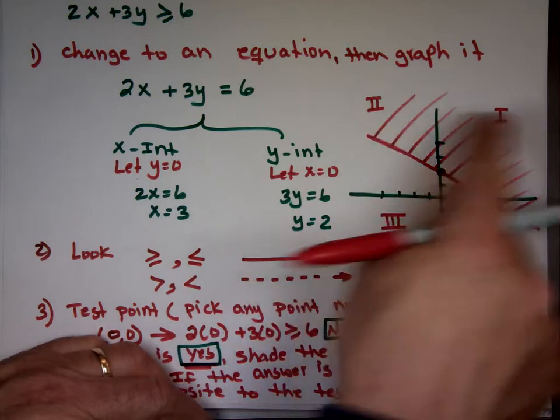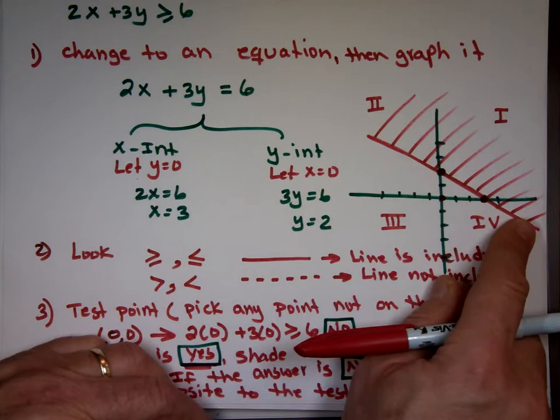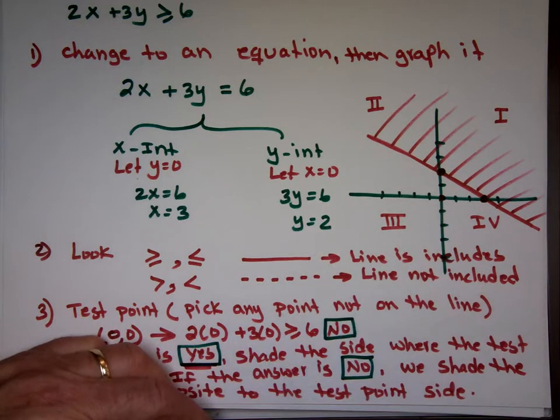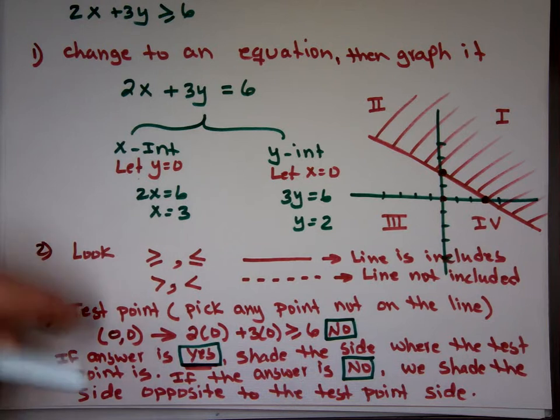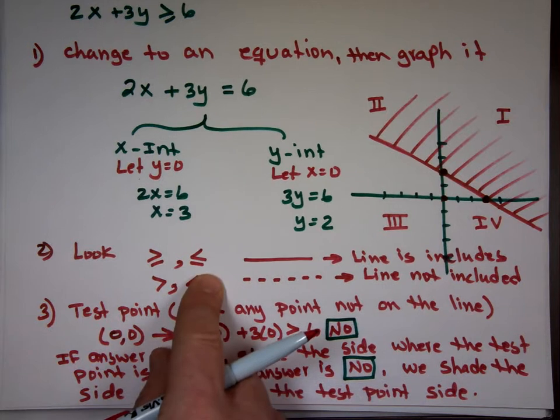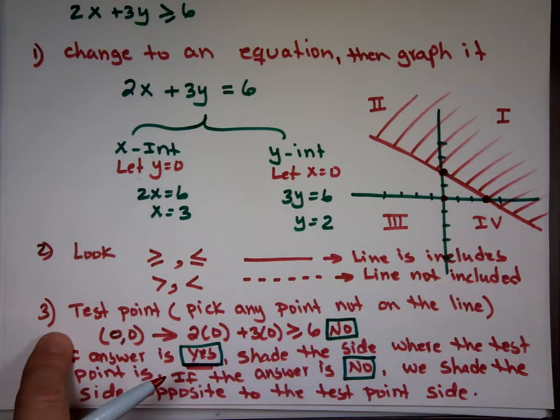You have a piece in 1, you have a piece in 2, and you have a piece in 4. The only one that doesn't have a solution is quadrant 3. But these are the 3 steps I'm going to use every single time. Change to an equation. See if it's solid or dotted line. Step number 3, take a test point.